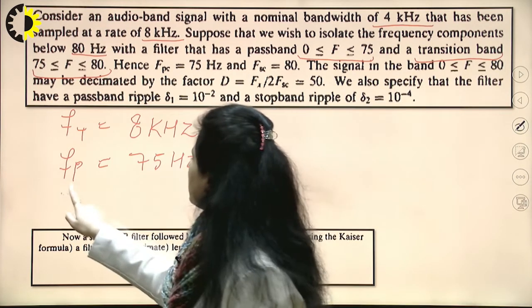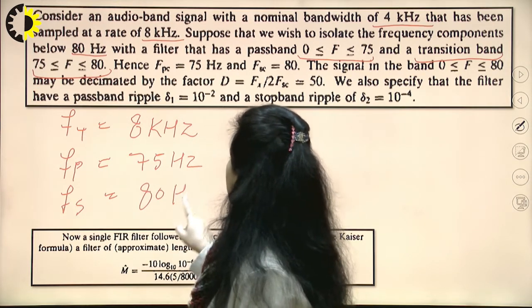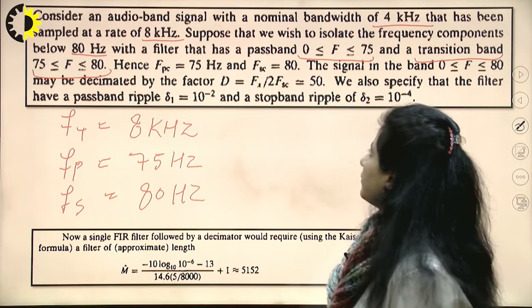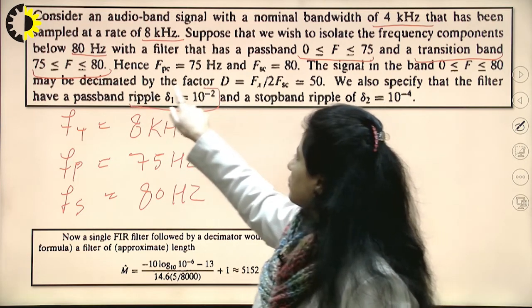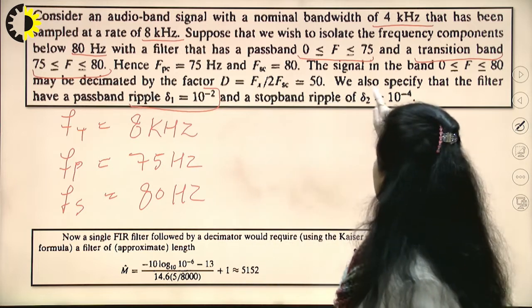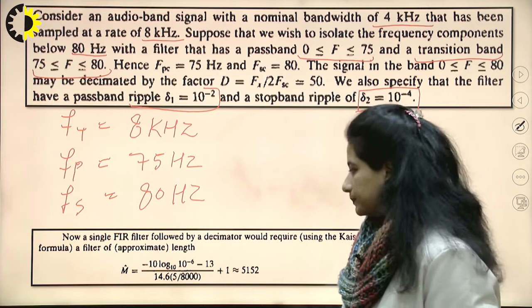And in between we would be having the transition band. Along with this, I would require the ripple values as well. The passband ripple is given to be 10 raised to the power minus 2 and the stopband ripple is given to be 10 raised to the power minus 4.